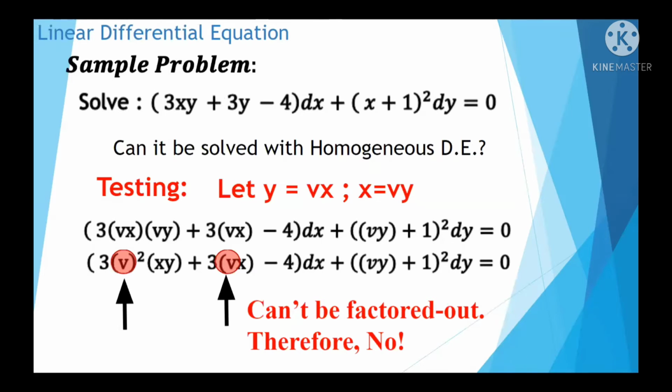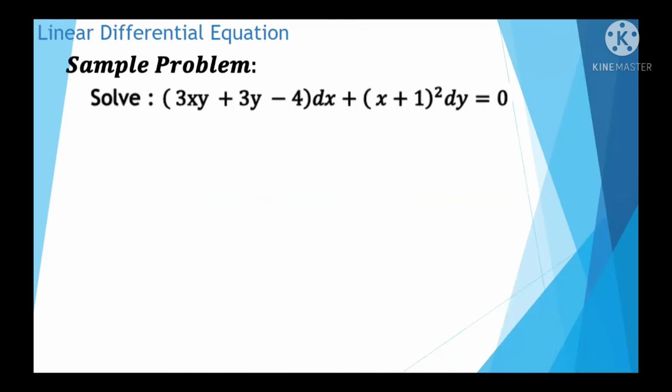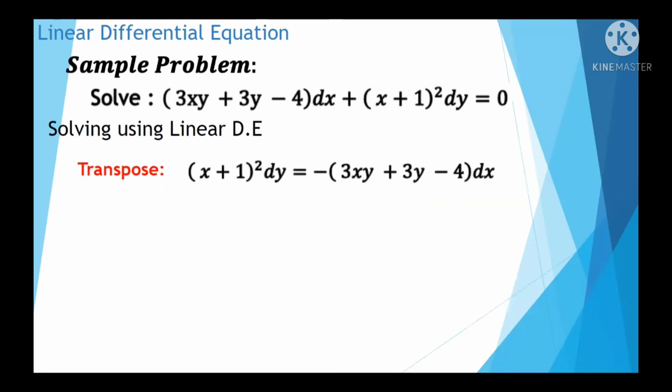This can't be factored out, therefore, it is still a no. So, we cannot solve the equation by variable separable and homogeneous DE. Let's solve the equation using linear DE.